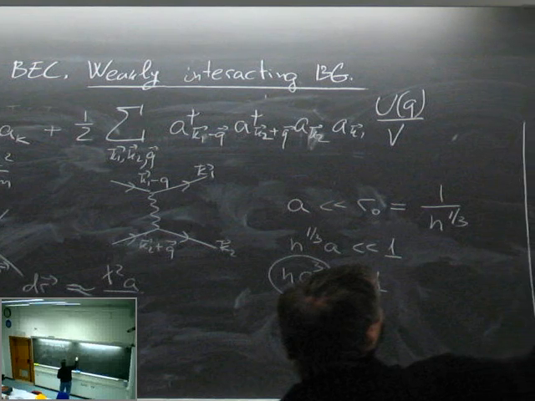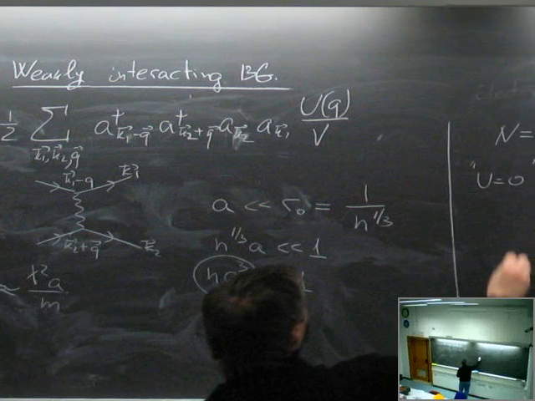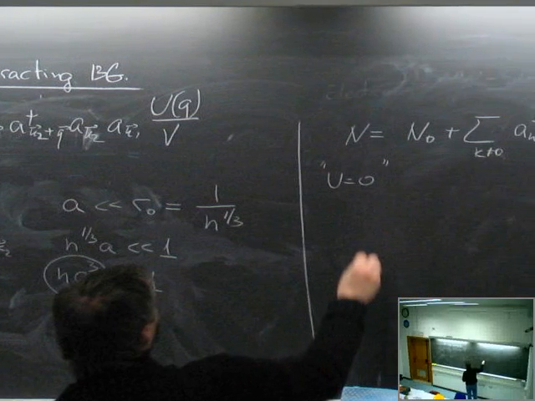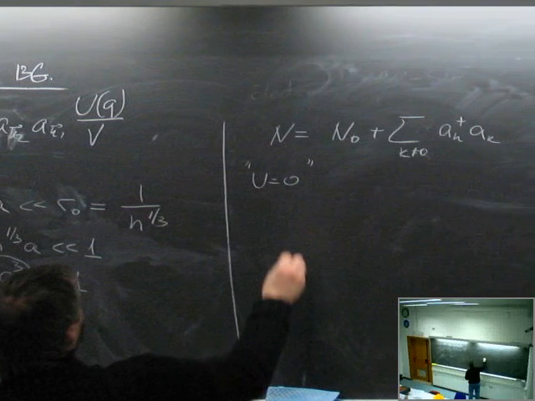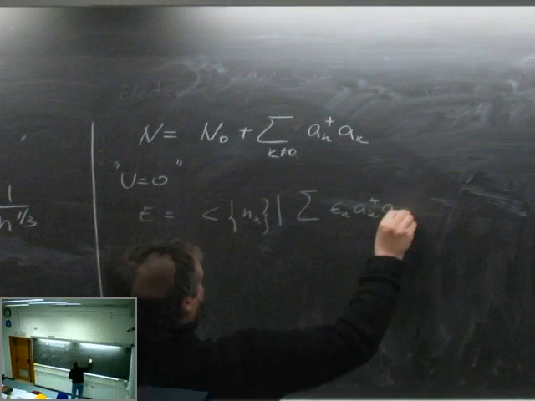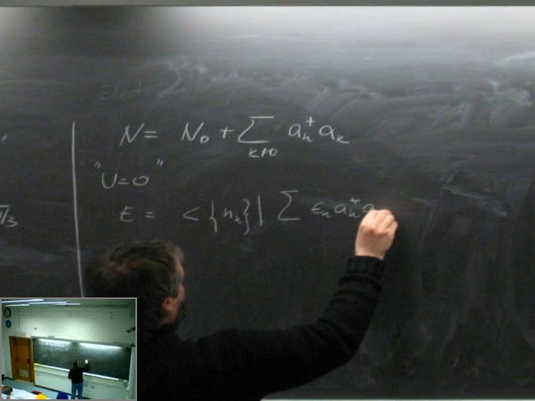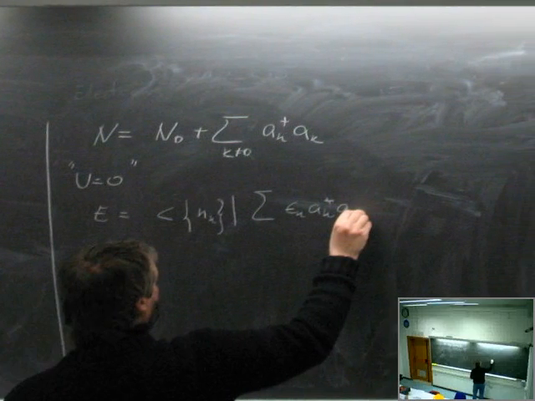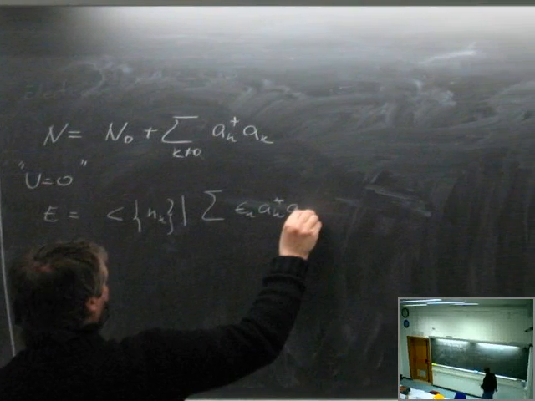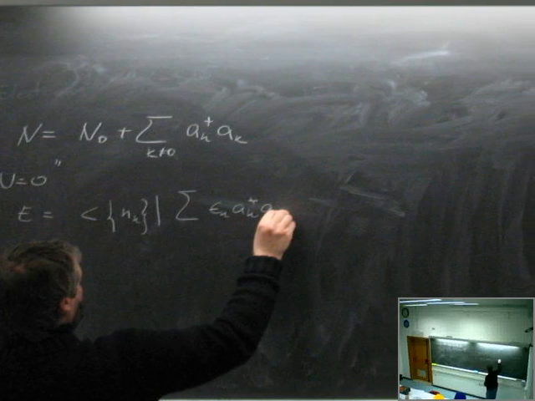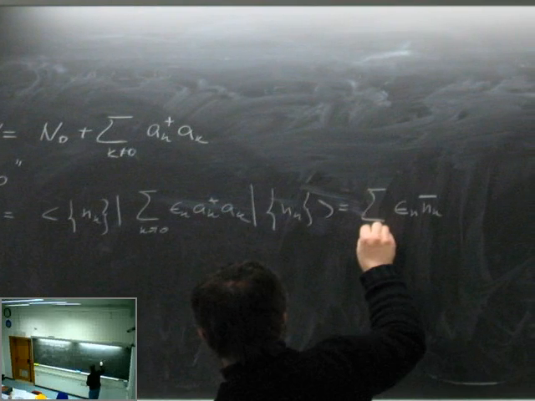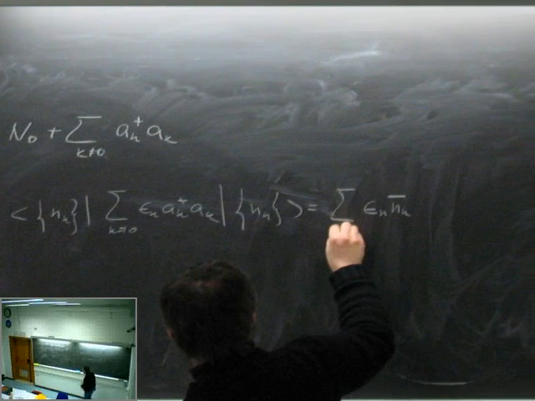Then, what energy is the quantum mechanical mean value, epsilon_k a_k dagger a_k, k not equal to 0, which is then the formula which we used, epsilon_k and k average, k not equal to 0.